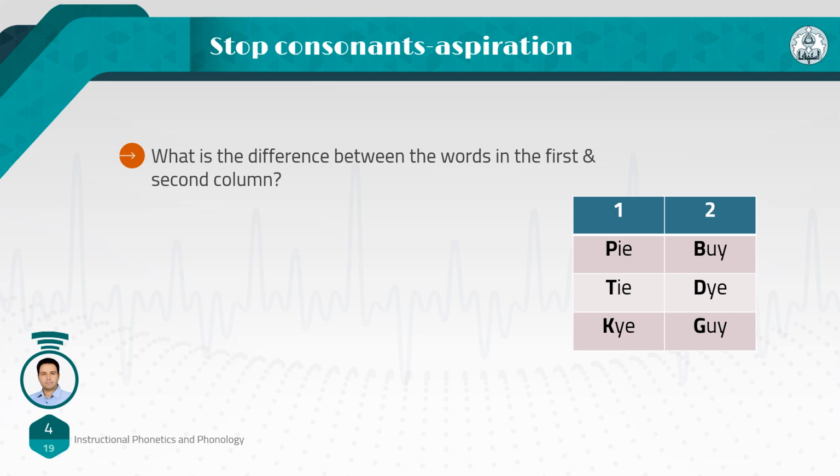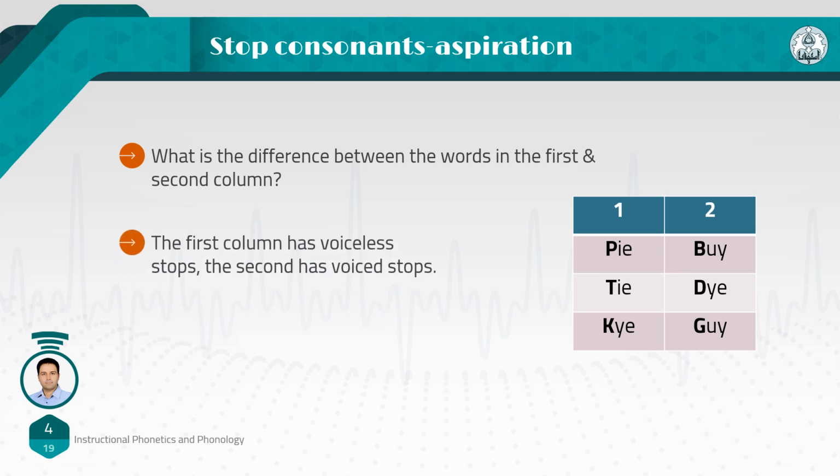You can say that, yes, the first column has voiceless stops and the second column has voiced stops, like p, t, k. These are voiceless, and b, d, g. These are voiced, and all of them are stops. Do you remember stops?